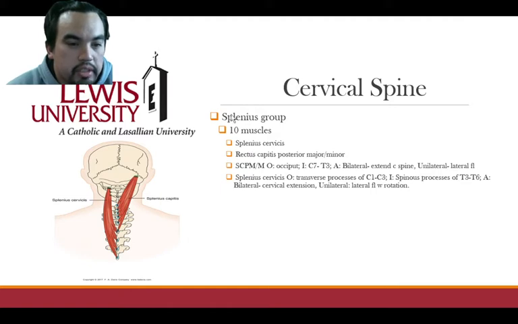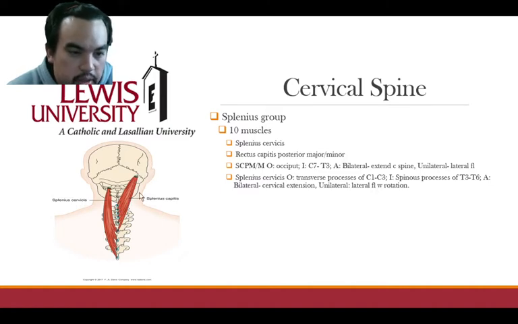You then have the splenius group, which is ten different little muscles. We have splenius cervicis, splenius capitis, rectus capitis posterior major and minor as well. They originate on the occiput and insert on C7 to T3. I don't really care that you need to know these, just know they exist and know what they do.